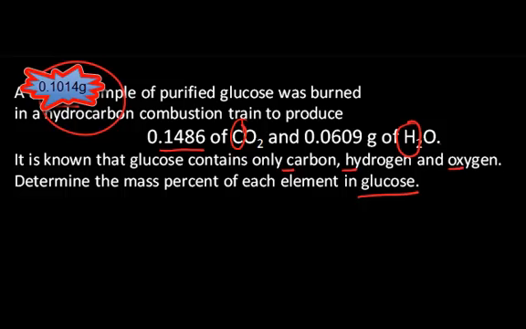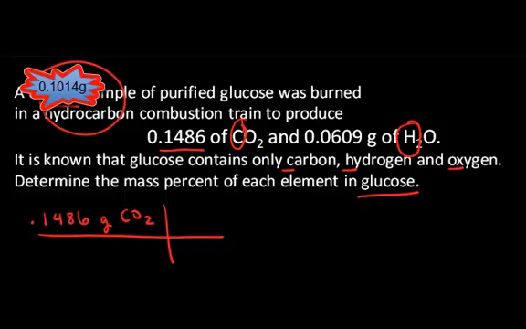We also have to figure out what mass of hydrogen is in 0.0609 grams of water. We do that by taking the amount of carbon dioxide that we have, 0.1486 grams, and multiplying that by the mass fraction of carbon in carbon dioxide. That's just the part of carbon over carbon dioxide.